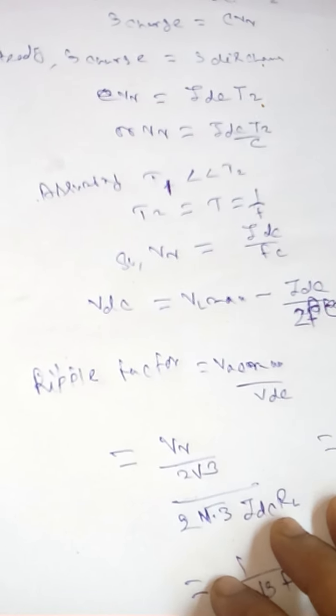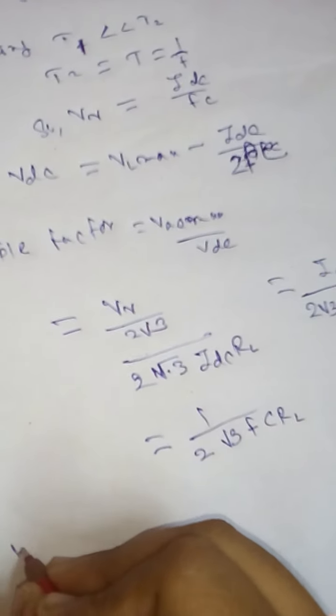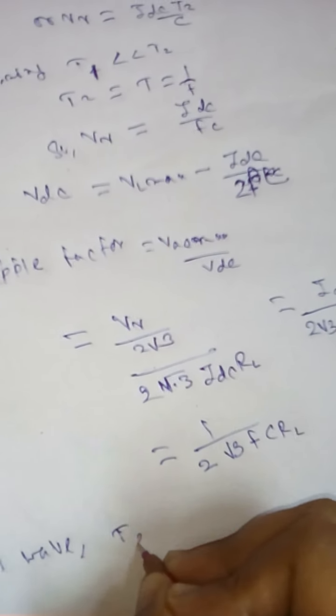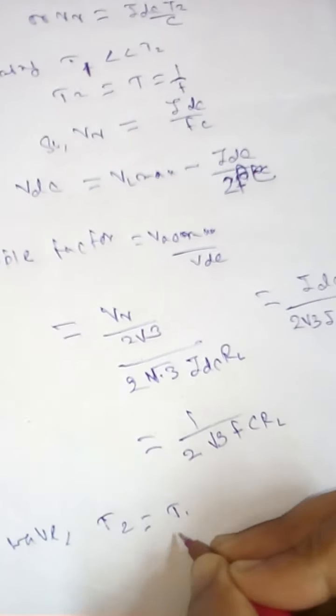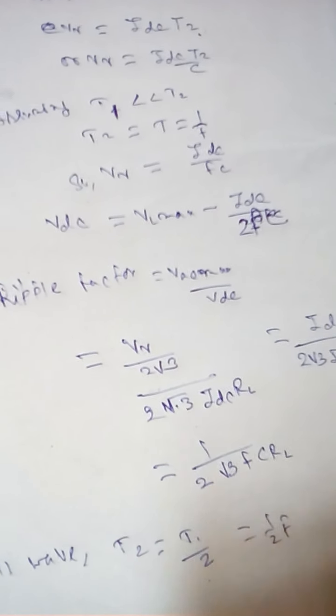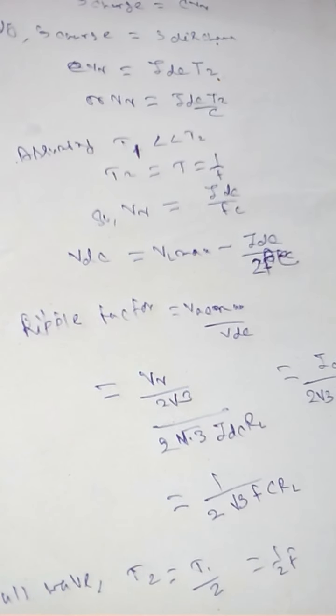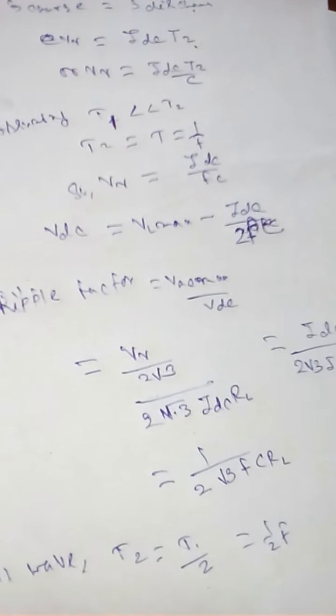If we take the full wave rectifier, then T2 equals T by 2, equal to half, because both diodes are conducting.